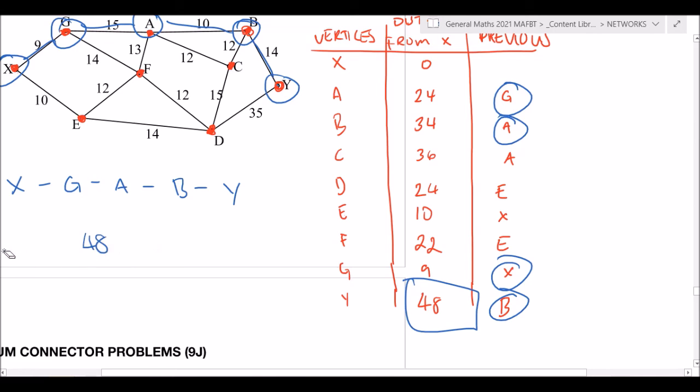Or actually you can say the distance, depending on the context really. It could be distance, weight, time, but the distance was 48.